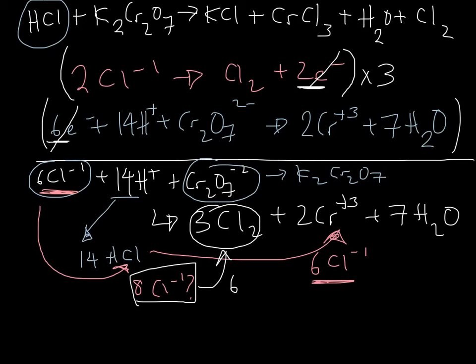If I look at the very top of the equation at the very top of the screen here, remember that the potassium is in potassium dichromate, K2Cr2O7. So I do have those K plus 1 spectator ions. And if you look at the equation at the top, on the product side, those K's go into KCl.